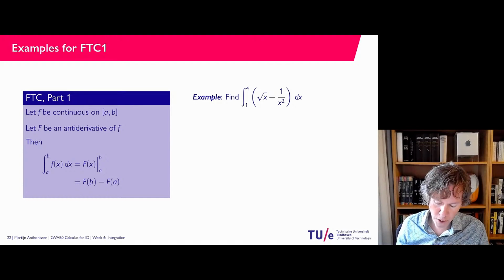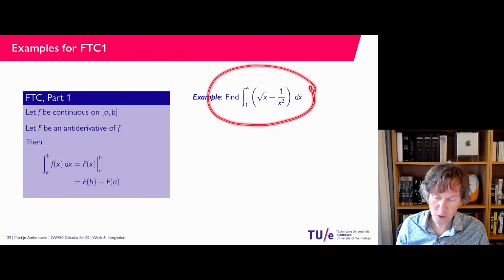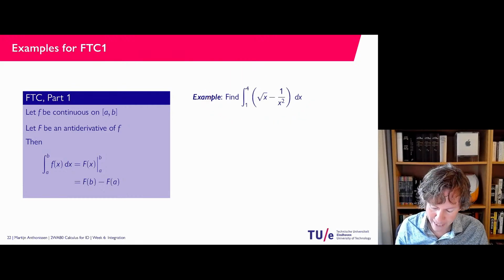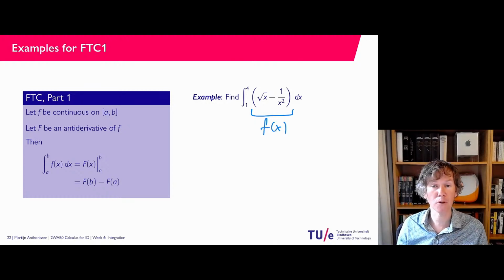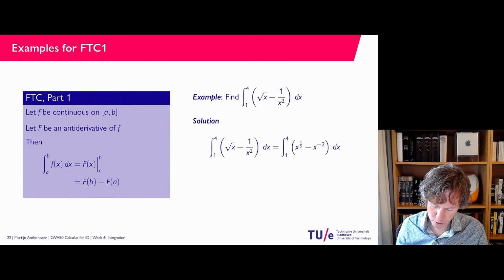And what it tells you is that if you would like to find an integral like this, you have to look for an antiderivative of what it says here. So this bit here we will call f(x), and then we will start looking for capital F, which is an antiderivative. So how do we do that?